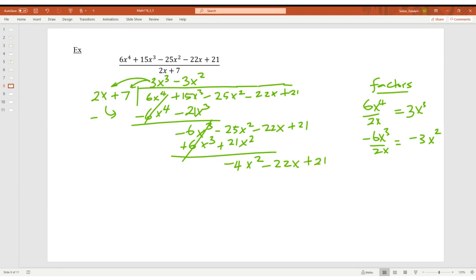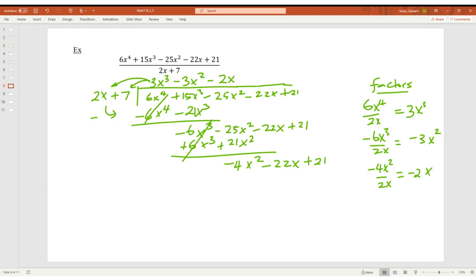Okay. So again, we have another negative 4x squared. So I have to divide negative 4x squared by 2x to get the next factor, which would be negative 4 divided by 2 is negative 2. x squared divided by x is x. So you're taking away 1 x. So negative 2x here.